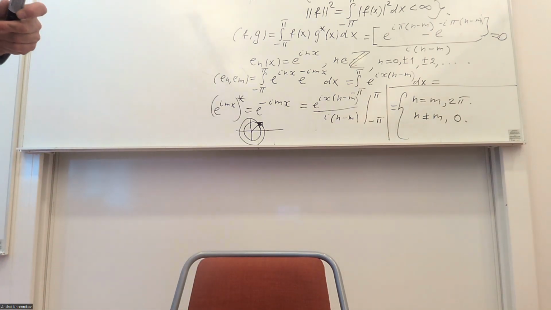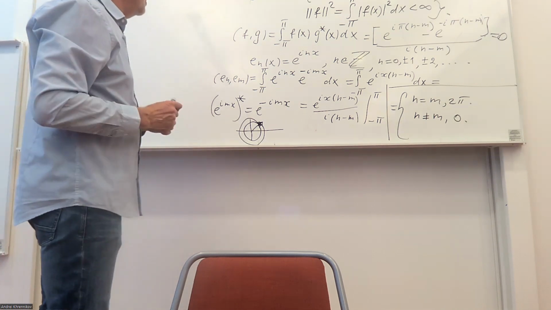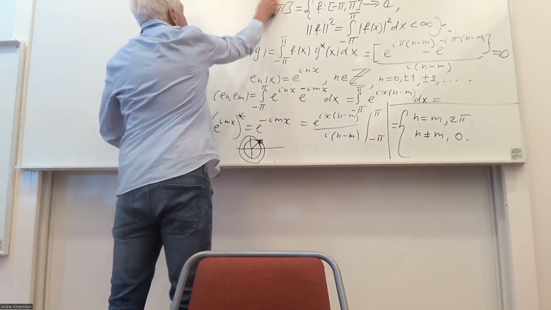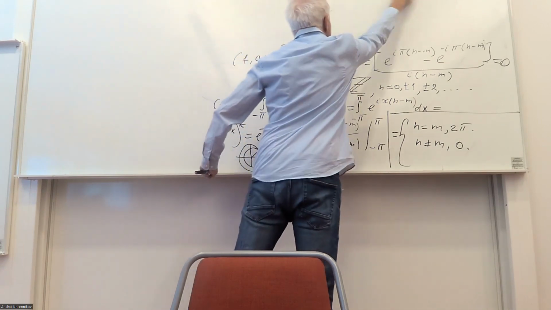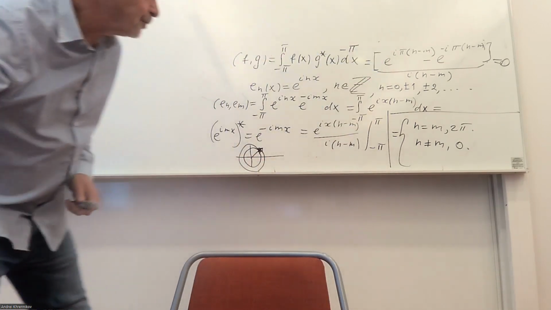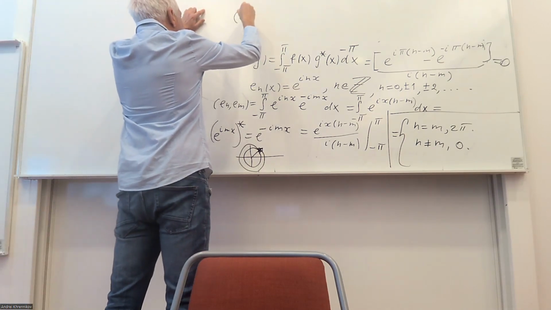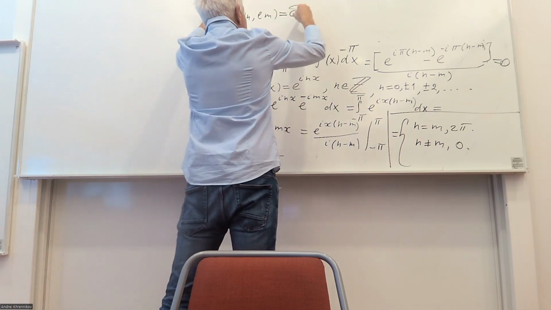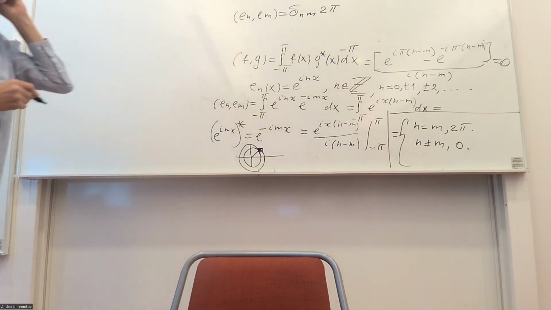And moreover, we should normalize them. They are not yet a basis, because when they are equal, we get 2 pi. To get an orthonormal basis, we have what we proved now: the scalar product of e_n and e_m is delta_{nm} times 2 pi.